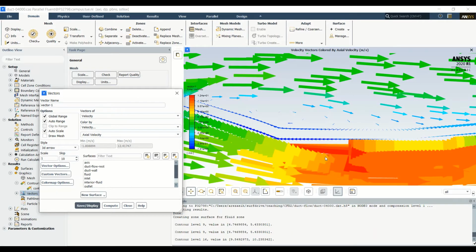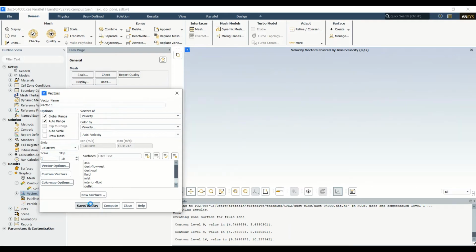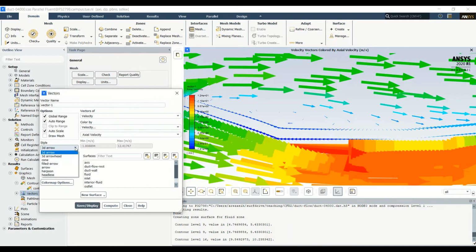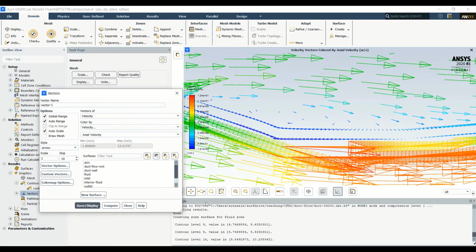Still in this region it's not clear because of the large number of vectors that we have. So we can try without auto scaling. This is not right. I would go for the normal arrows instead of 3D arrows. Yes, this makes it a bit clearer.